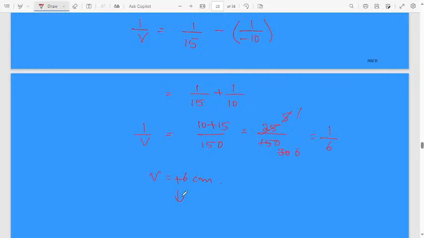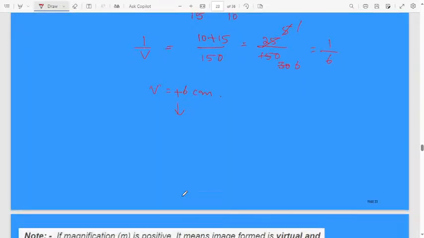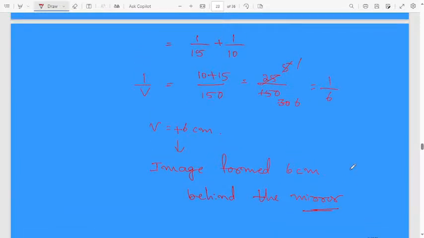Then what does this positive sign indicate? The image is formed 6 centimeter behind the mirror. Don't get confused, don't panic, you still have 2 days.